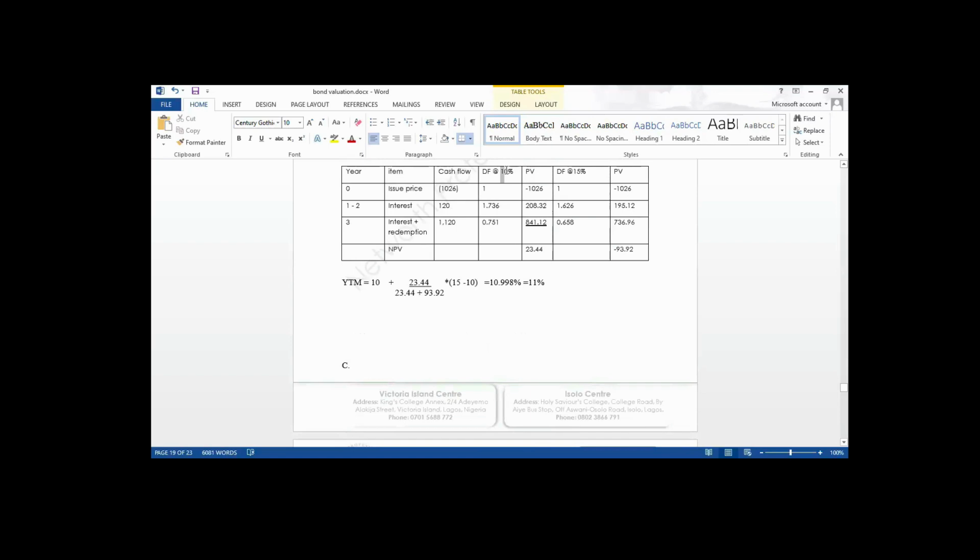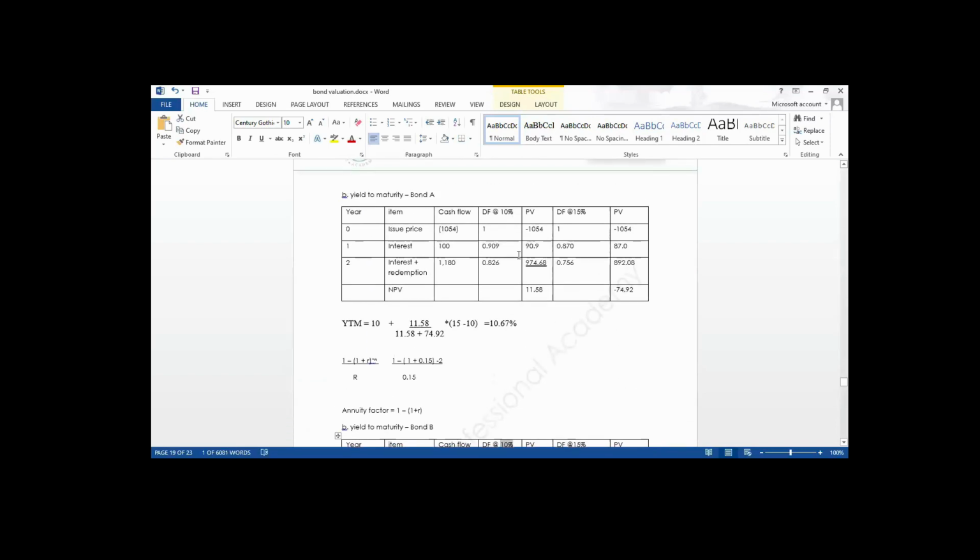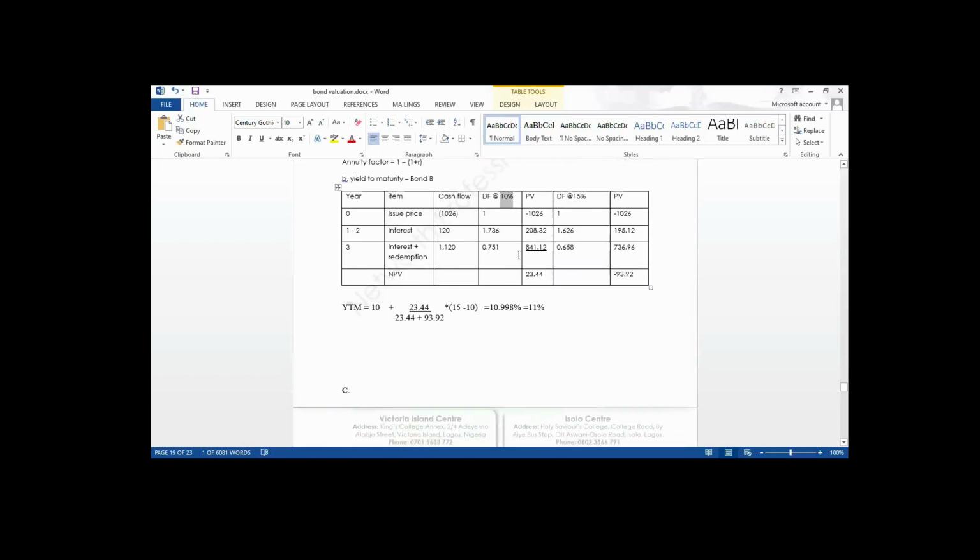At rate 10%, what is the price of the bond? 23.44. When you increase rates to 15%, what is the price here? Negative 93.92.